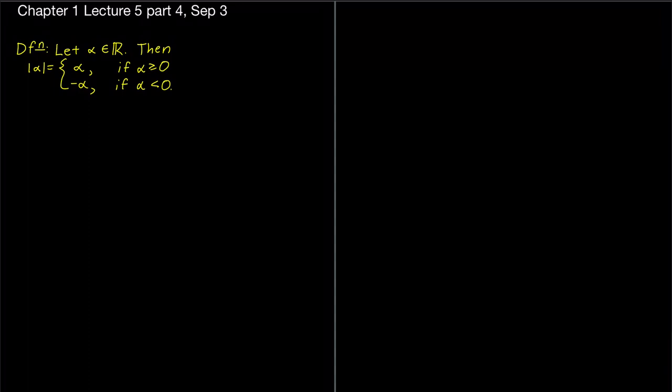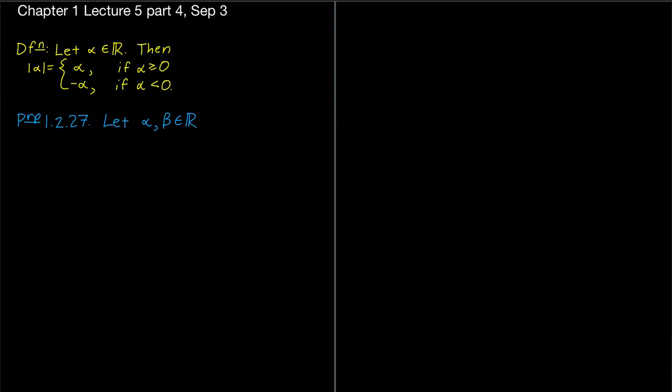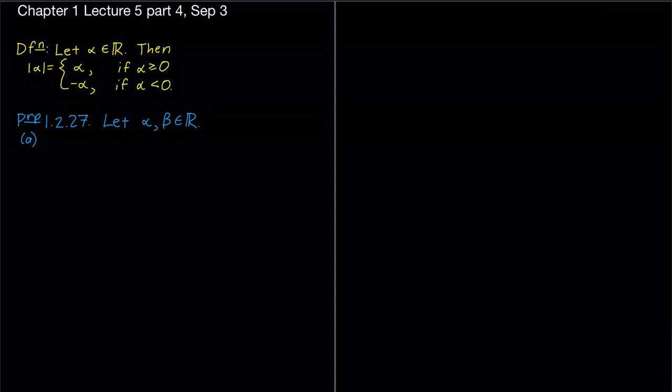And then there is a straightforward proposition, Proposition 1.2.27. If alpha and beta are two real numbers, then, and parts A through C of this, by the way, are in the exercises, first, the absolute value of minus alpha is the same thing as the absolute value of alpha.